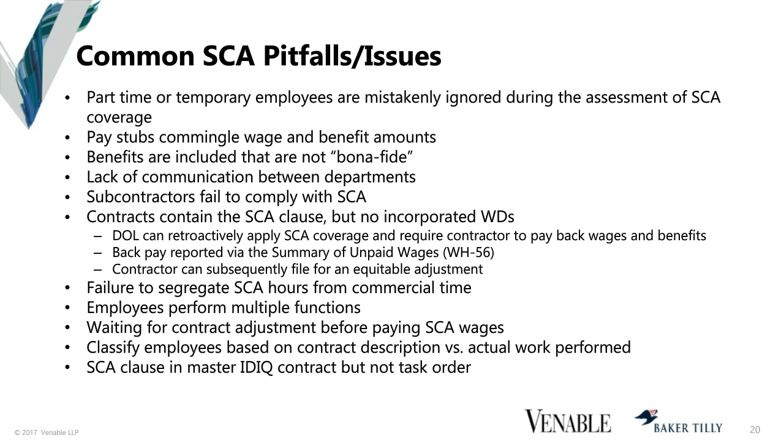But the Labor Department expects you to pay, and requires you to pay under the SCA, the prevailing wage for the work in the category that corresponds to the work actually performed.